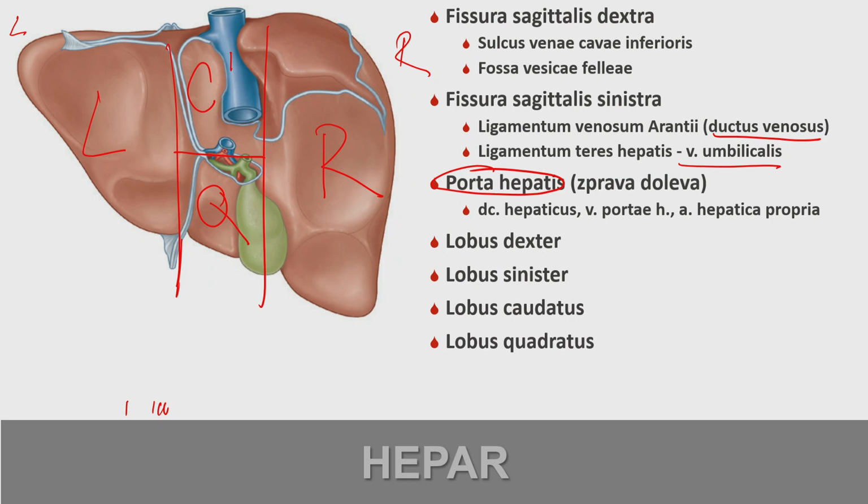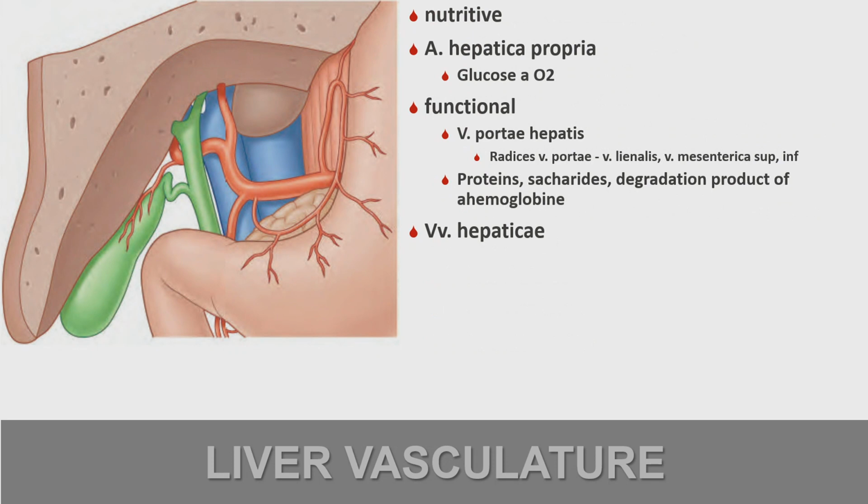Lobus dexter, sinister, caudatus. Caudatus is called because it looks like a tail going to the inferior vena cava, and quadrate because it has a quadrate shape. So those are main divisions of a liver parenchyma.